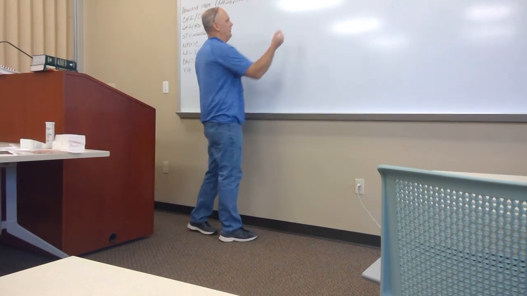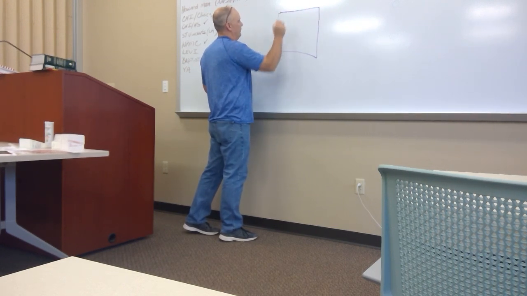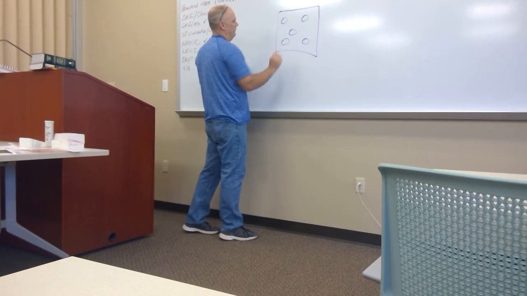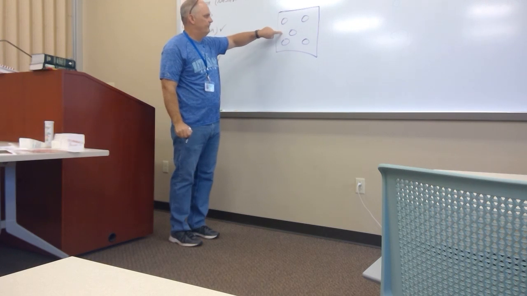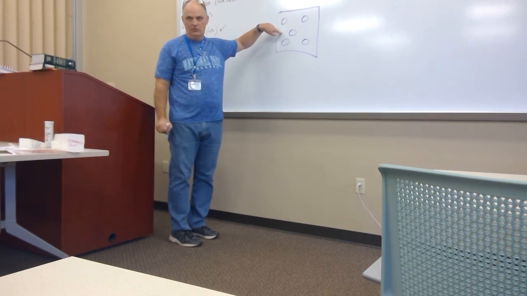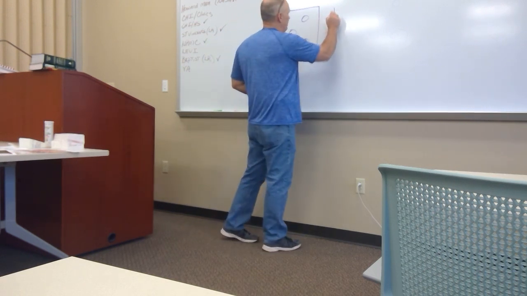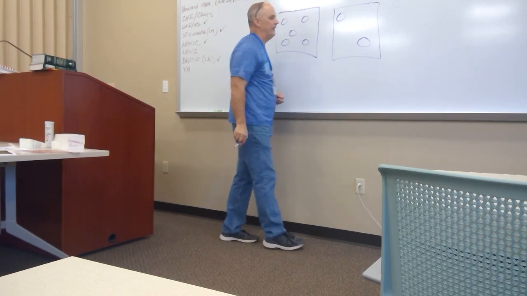So let's just say I'm looking under high power. That means 40 on a microscope. And let's just say this is my field of view, and I see 5 white blood cells. I counted 5 in that. So I go to the next field, and let's just say not as many. I count 2.